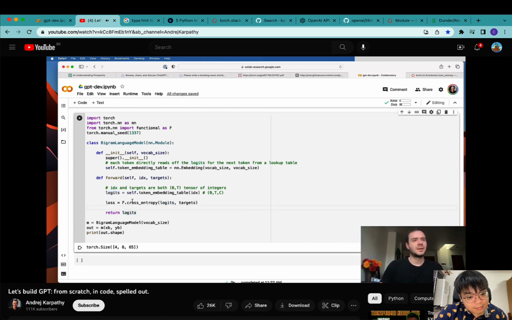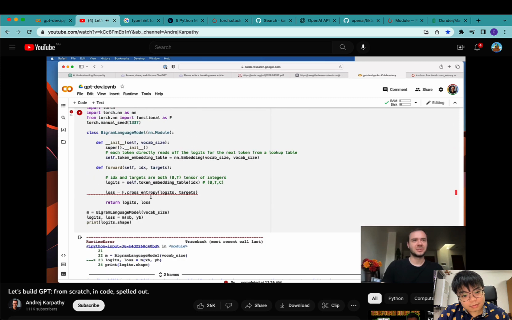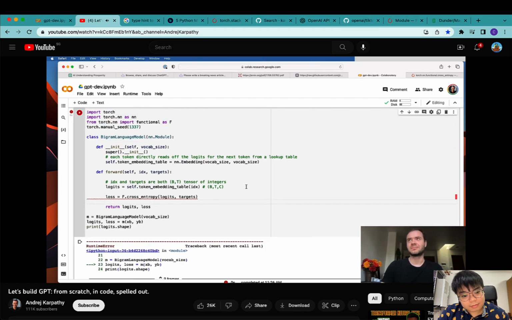Now, this is what we want: to output the logits and the loss. But unfortunately, this won't actually run. We get an error message. But intuitively, we want to measure this.